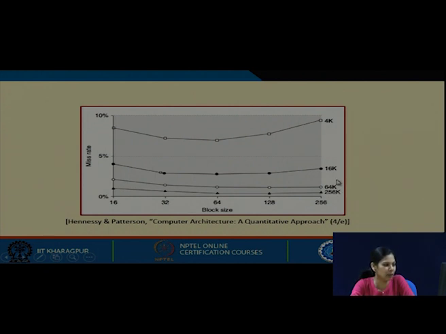Whereas, if you have a larger cache size, you can see that the miss rate decreases and there is an increase, but not so much. So, we can say that having a larger block size can sometimes help in reducing the miss rate.